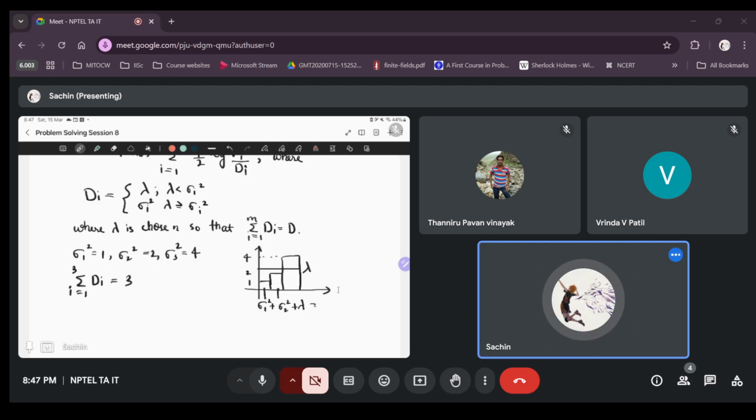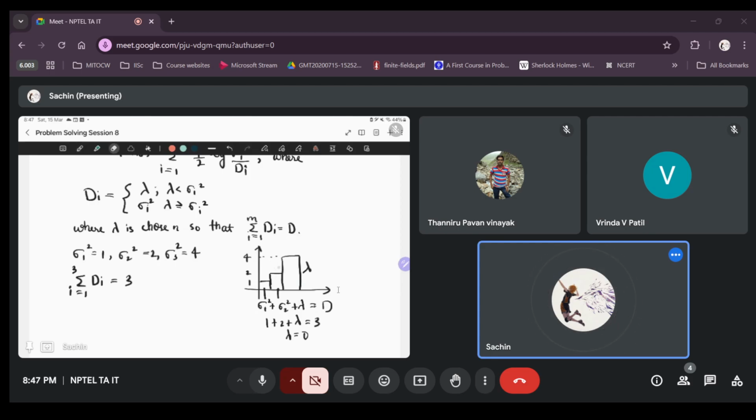And this sum should be equal to D. So 1 plus 2 plus lambda equals 3, or lambda equals 0, which is not true. If lambda was 0, it wouldn't be above 1 and 2. So I picked lambda above 1 and 2, and I can't do that. I have to bring my lambda level lower.